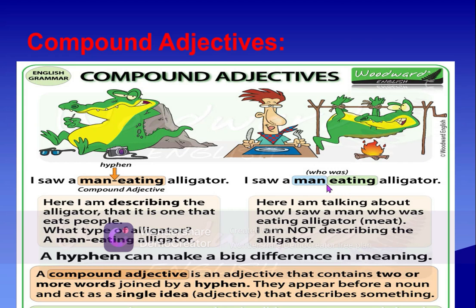So in this sentence, I am not describing the alligator but the man. I saw a man eating alligator. Who was is skipped in this sentence. If we add who was, the sentence would also be right: I saw a man who was eating alligator.